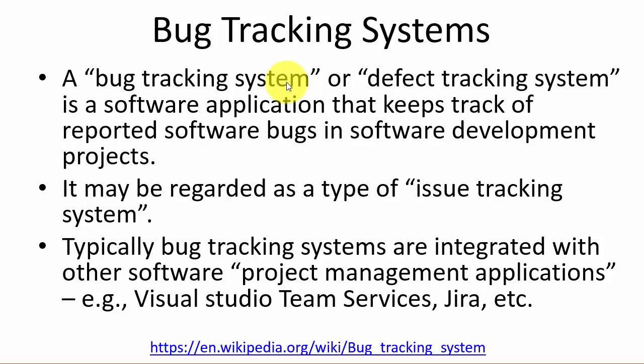So what is a bug tracking system? A bug tracking system or a defect tracking system is a software application that keeps track of reported software bugs in software development projects. It also may be regarded as a type of issue tracking system, and typically bug tracking systems are integrated with other software or project management applications.